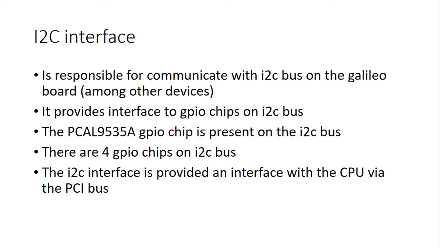So whenever we have to talk to the CPU, we have this PCI bus, and this I2C bus is on that PCI bus, and we have these 4 different GPIO chips on the I2C bus. In this way these GPIO chips are dependent on the I2C bus, which provides an interface for them, and the PCI bus provides an interface to the CPU for the I2C bus.